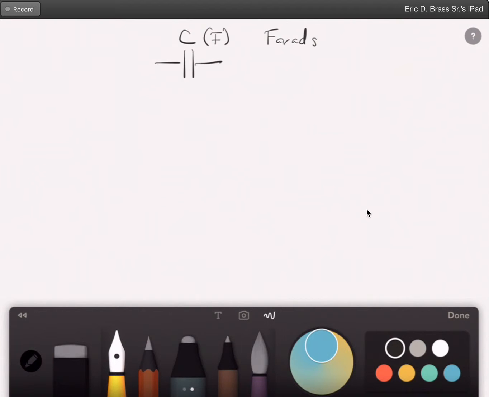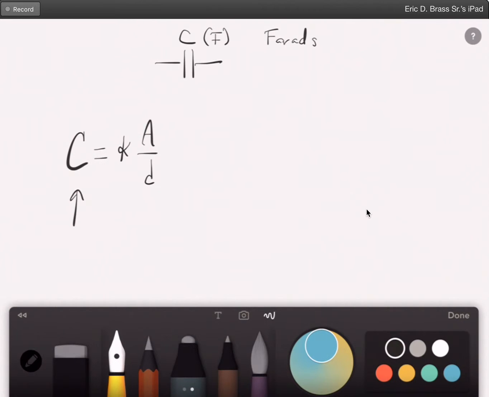So let's continue. Let's look at C equals kappa times the area of overlap over D. We can manipulate the value of capacitance in a circuit, which is what you want to do. You want to be able to control what value of capacitance you put into a circuit so that you can get the kind of output that you want.